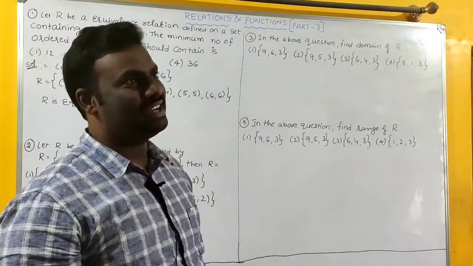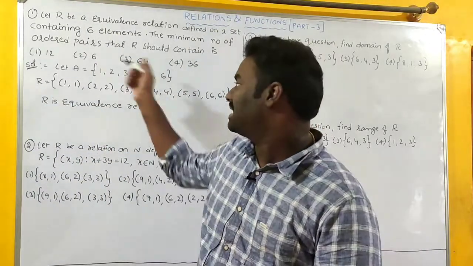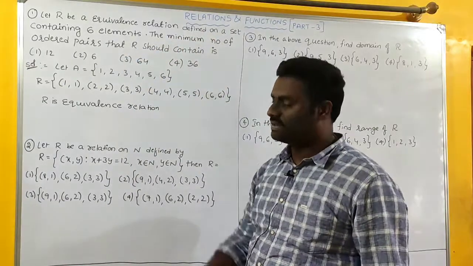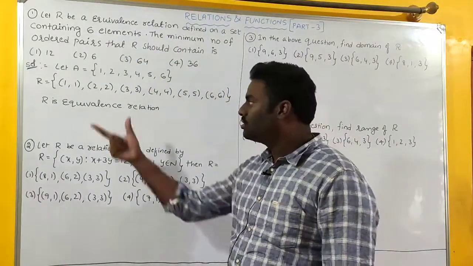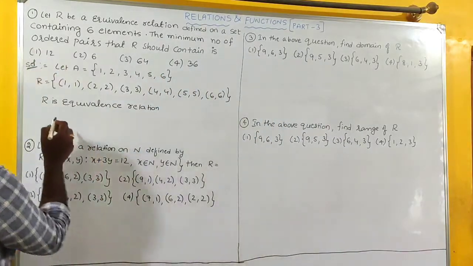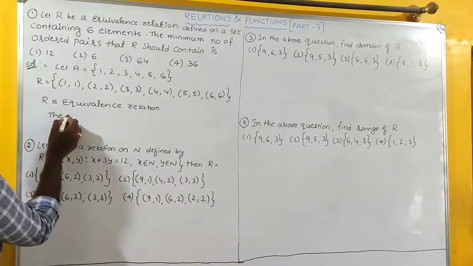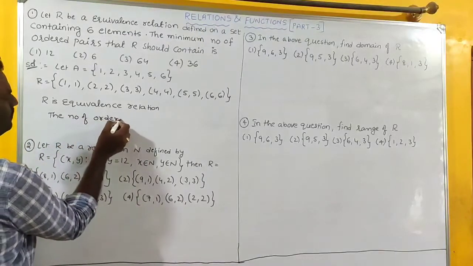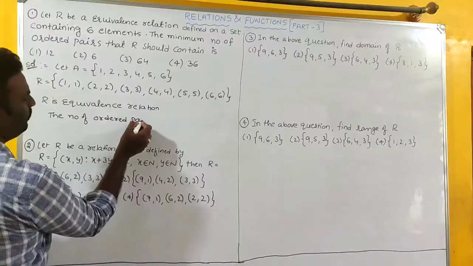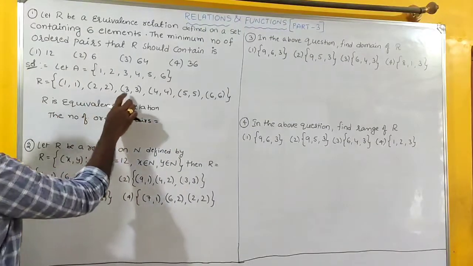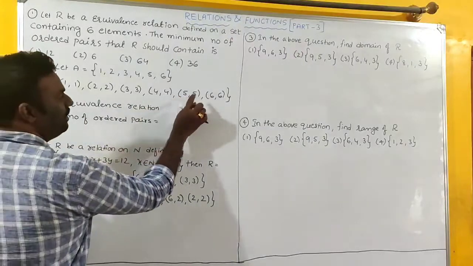But so many relations exist by taking these 6 elements. In the question they asked for the minimum number of pairs. So this is the minimum number. Therefore, the number of ordered pairs: how many pairs does it have? 1, 2, 3, 4, 5, 6.